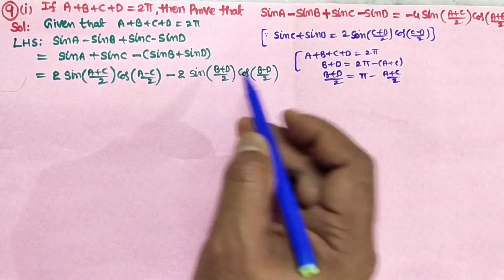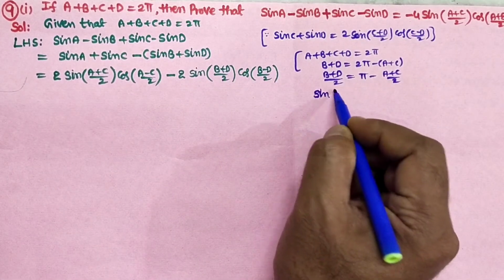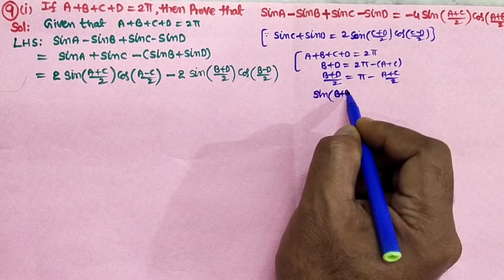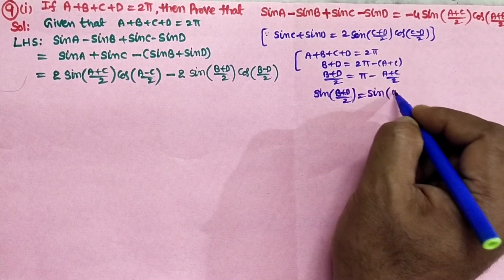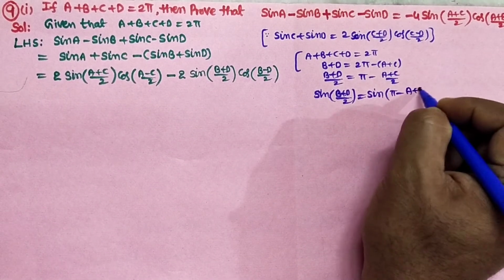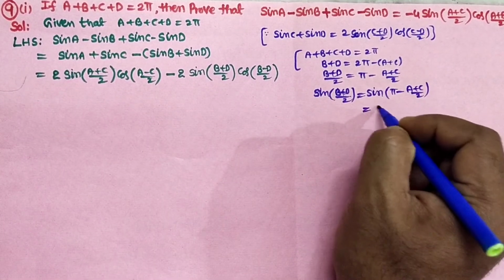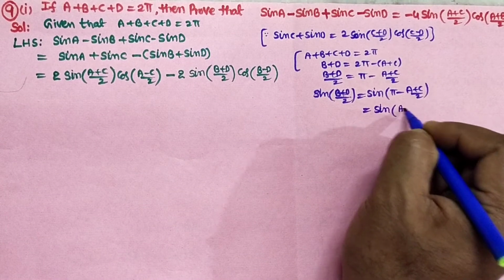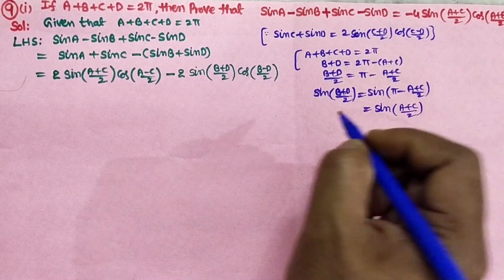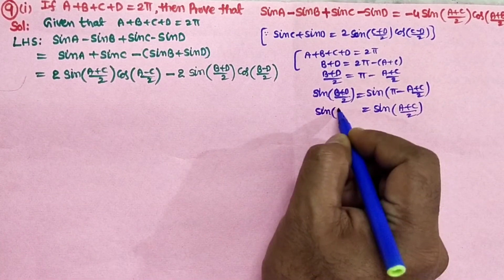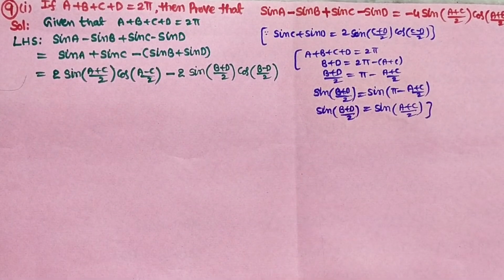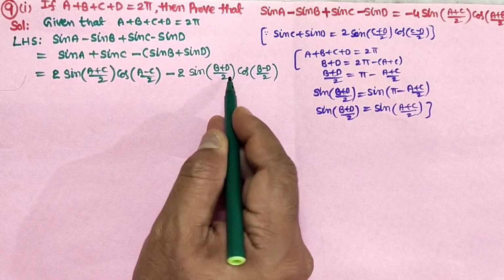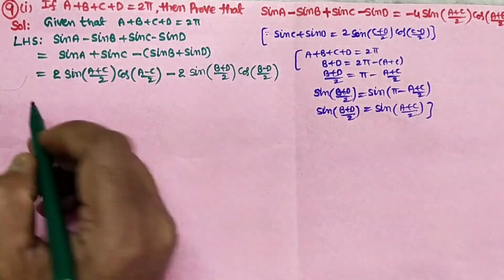So sin of (B plus D) by 2 is sin of pi minus (A plus C) by 2. Sin of pi minus theta is sin theta. So wherever sin of (B plus D) by 2 is there, you can write it as sin of (A plus C) by 2. So in this second term, sin of (B plus D) by 2 we can write as sin of (A plus C) by 2.